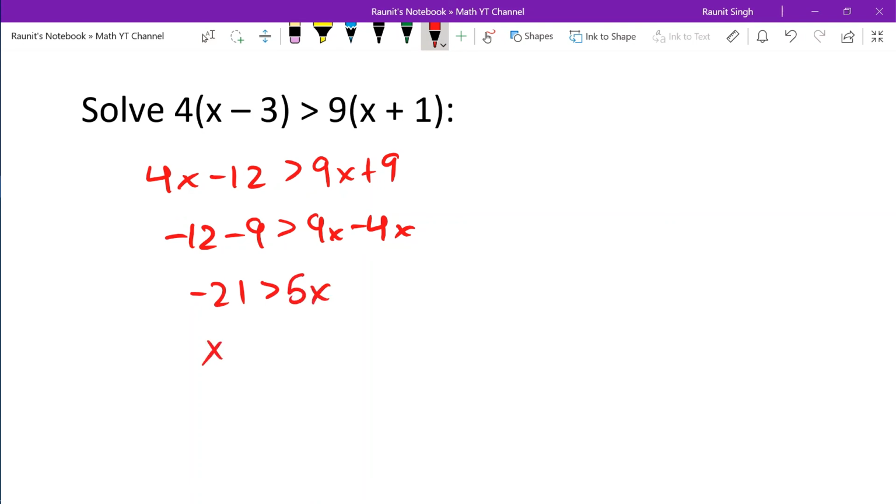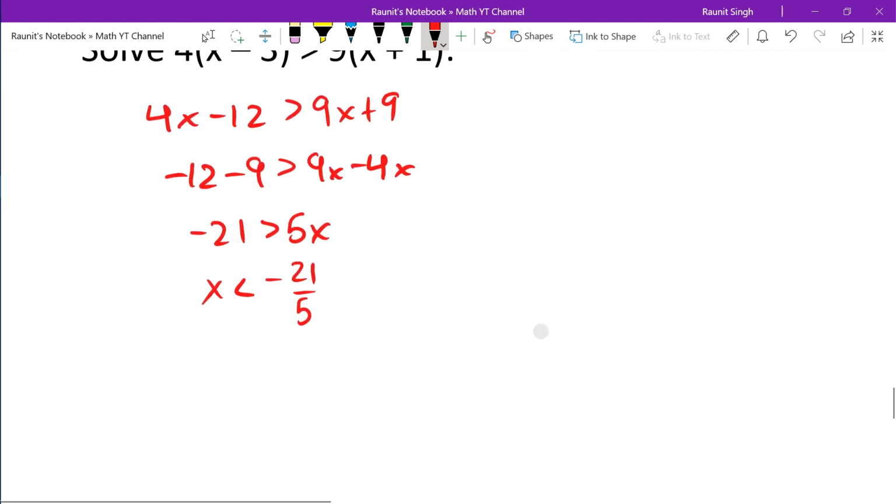I'm going to get x is greater than, oh, we know x is less than, sorry, that was my bad. x is less than negative 21 over 5, and that is our answer. That's our solution. So putting this in interval notation, you get negative infinity, comma, negative 21 over 5, and then parentheses.